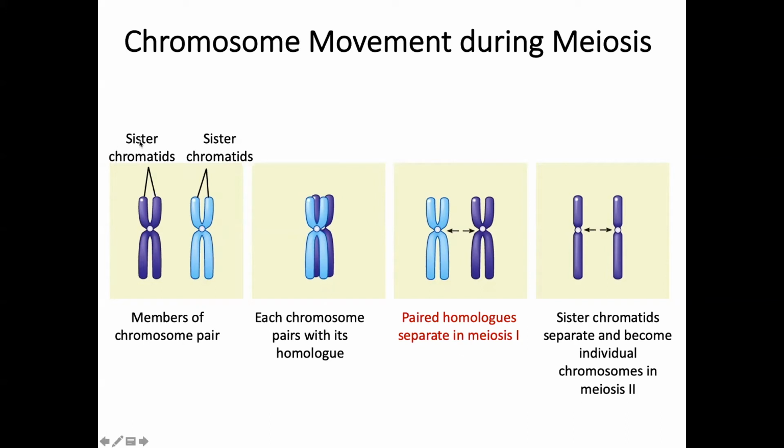You need to understand what all these words mean. So we just learned that during meiosis 1, the homologous chromosomes pair and then separate to daughter cells. And the sister chromatids remain together until meiosis 2, right?